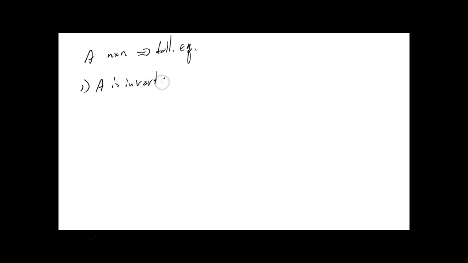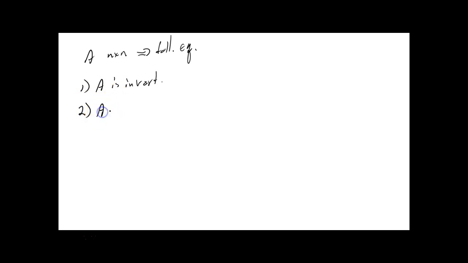Now, it's not saying every n by n matrix is invertible. It's just saying if A is a square matrix, then the following statements are equivalent. So basically, let's assume A is invertible. If A is invertible, then all of these are true.